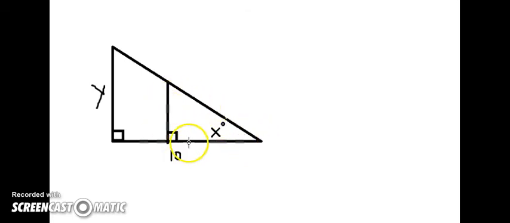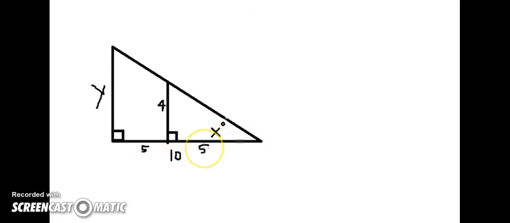And they'll give you the length of, maybe this is 4. And then somewhere in the problem they'll say that this line bisects this line. So that would tell you, since this whole thing is 10, that this side's 5 and this side's 5.